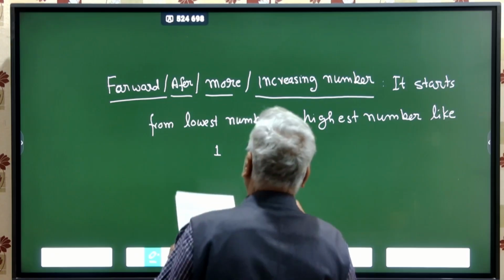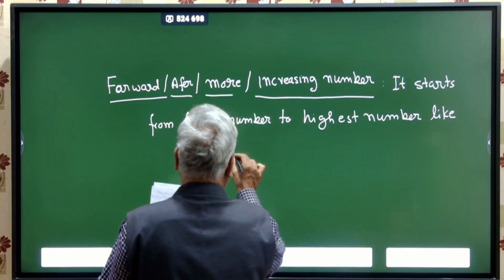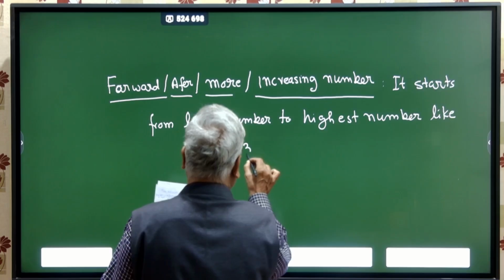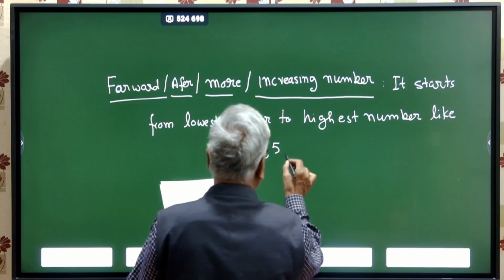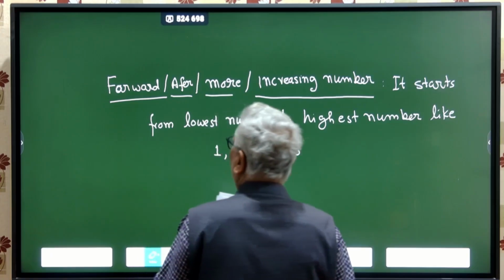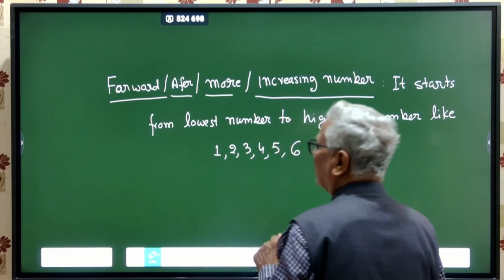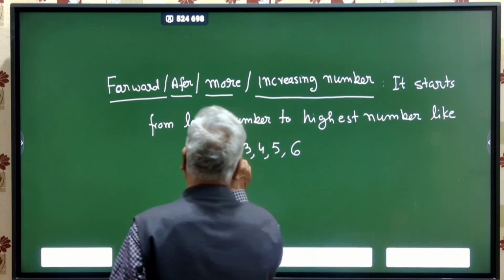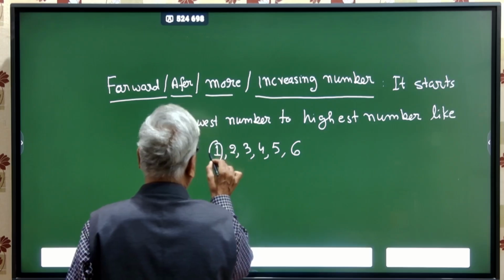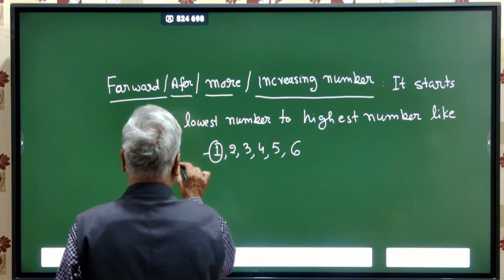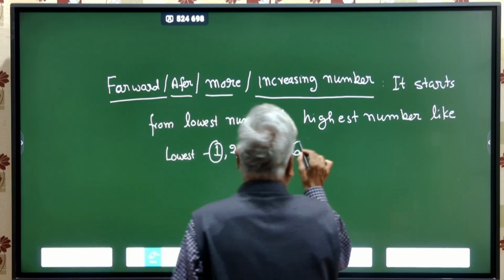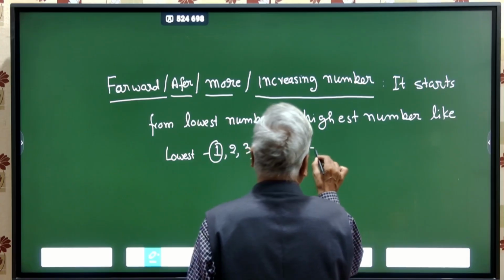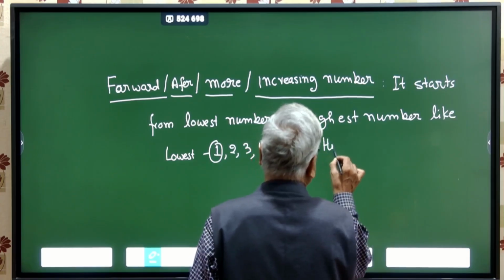So, I am putting 1, 2, 3, 4, 5 and 6. So, 1 is the lowest number. Six is the highest number.